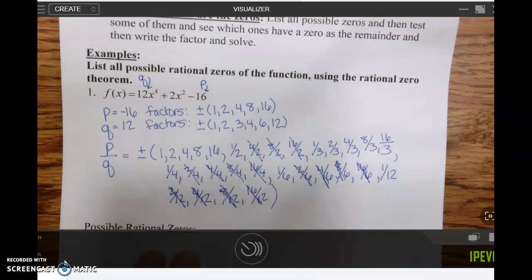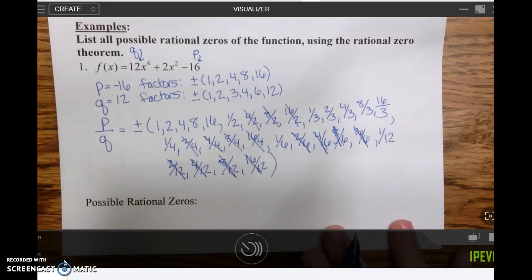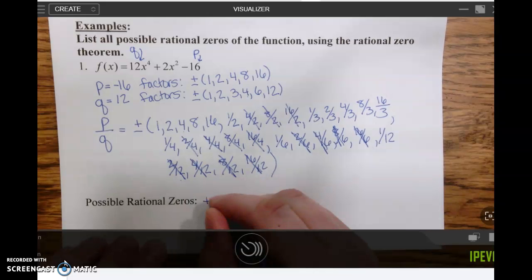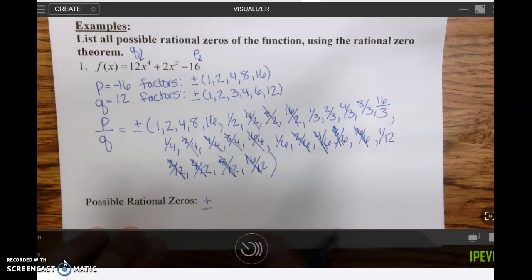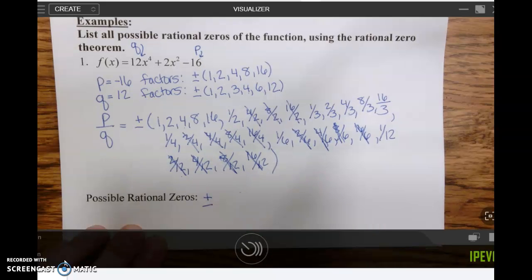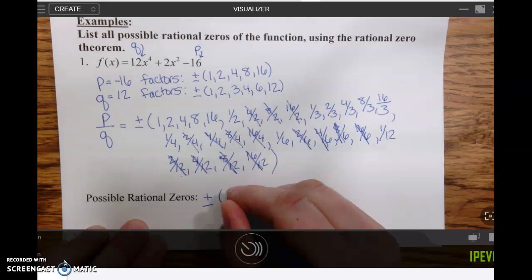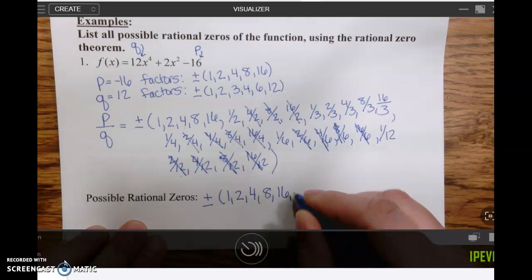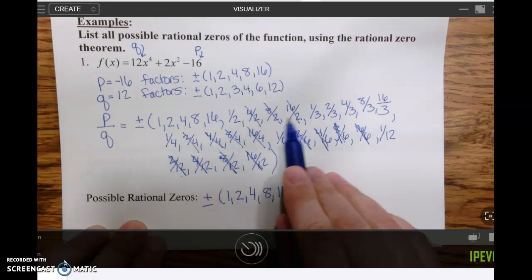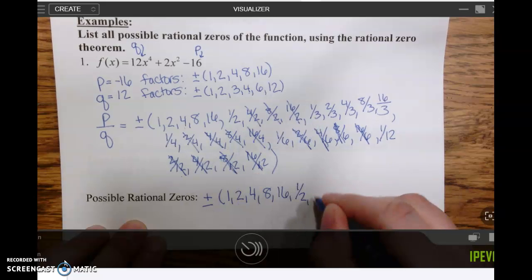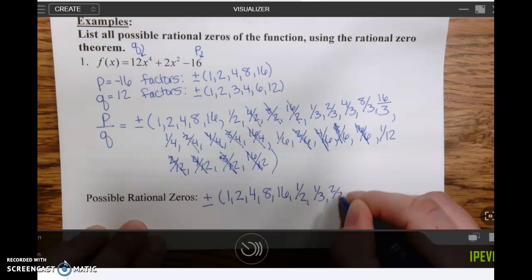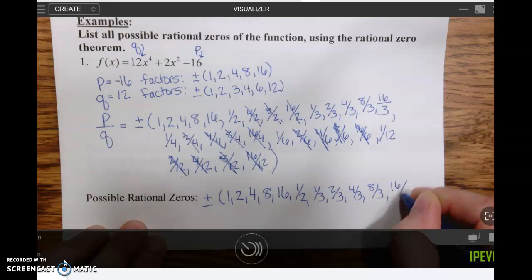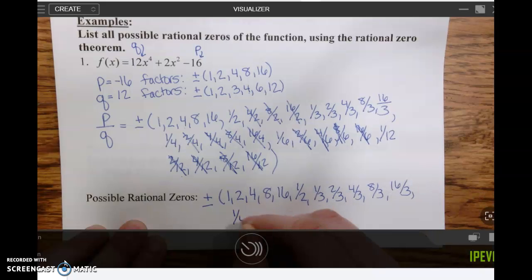So now we're going to write our list of actual possible zeros without all the numbers that are crossed out. So our list of possible rational zeros, you need the plus or minus. That's a common quiz mistake, is to forget the plus or minus. 1, 2, 4, 8, 16, okay, 1/2, 1/3, 2/3, 4/3, 8/3, 16/3, 1/4.